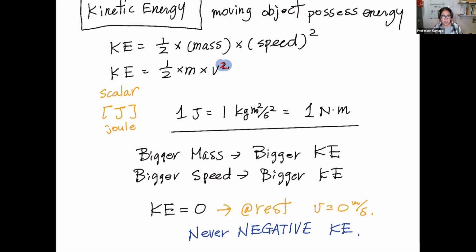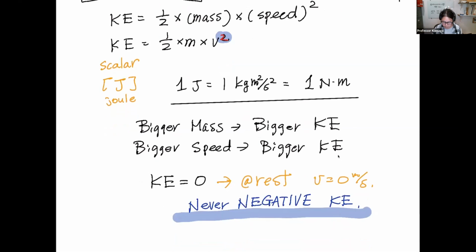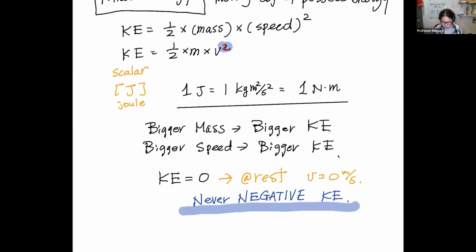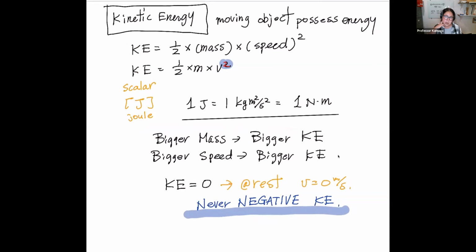So kinetic energy is never negative. It's always 0 or some positive value. And it's a scalar. It doesn't have any information about which direction you're moving. Like momentum, it matters which direction you're moving, but kinetic energy is just how much, just a quantity.